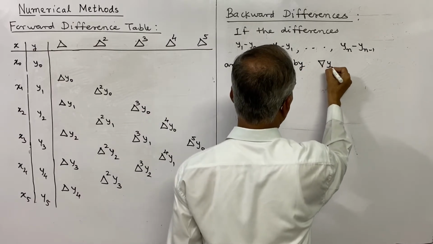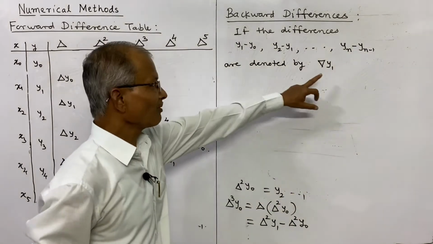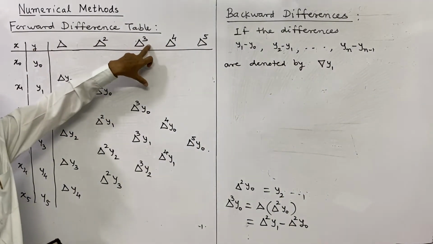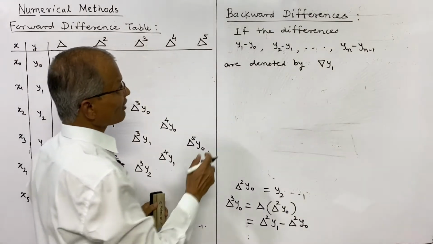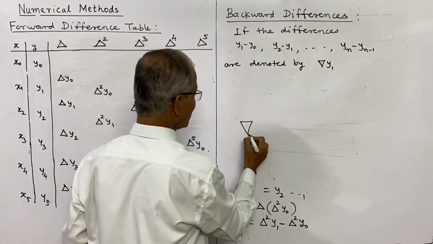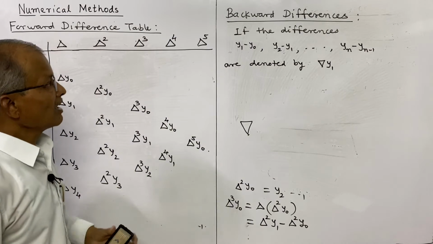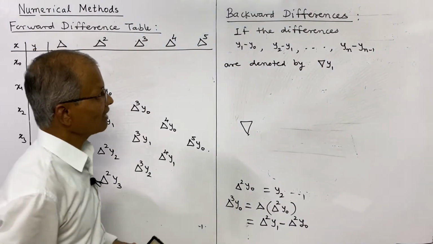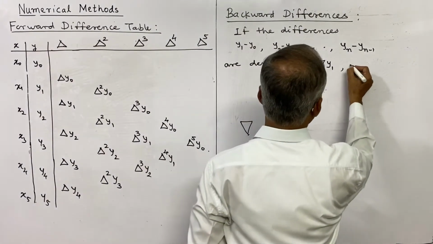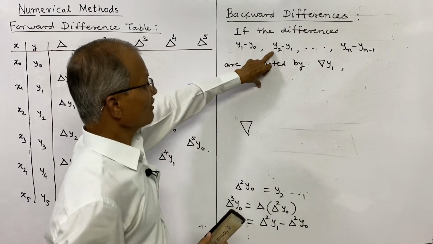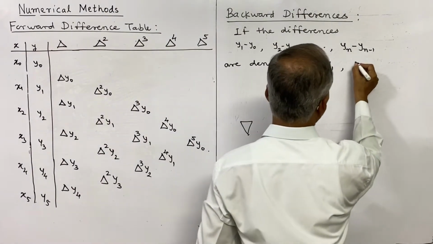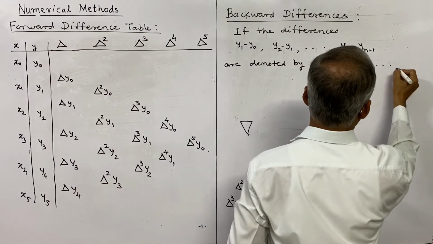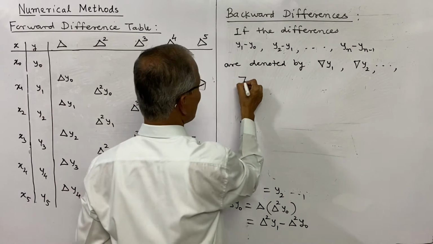This is the symbol for backward difference. The symbol for forward difference is capital delta, and for backward difference we use this inverted triangle symbol, that is del. If we denote y1 minus y0 by del y1, then this is del y2, the backward difference at y2, and so on, and the last will be del yn.